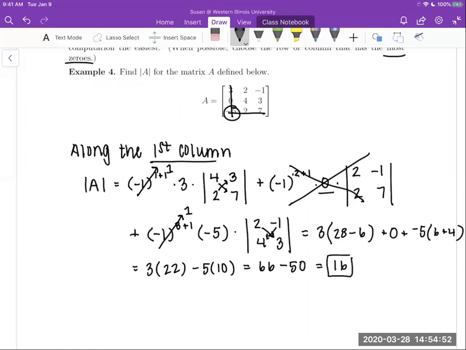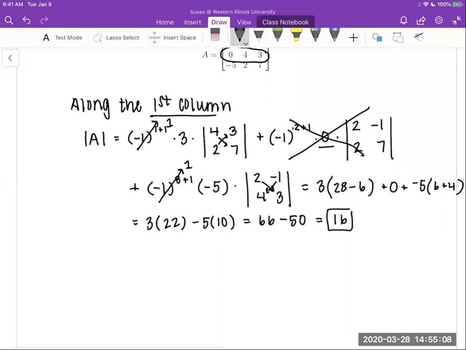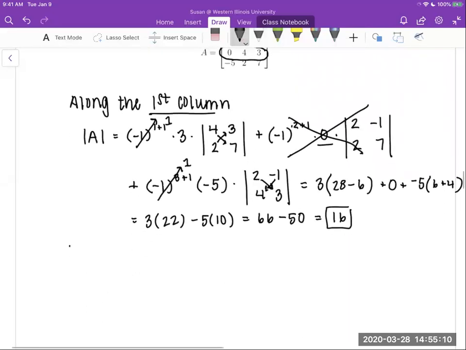All right, so that was expanding along the first column. Now, looking back up at our original matrix, we noted that 0 also occurs in the second row. So an equally good choice for expansion would be to expand along the second row.